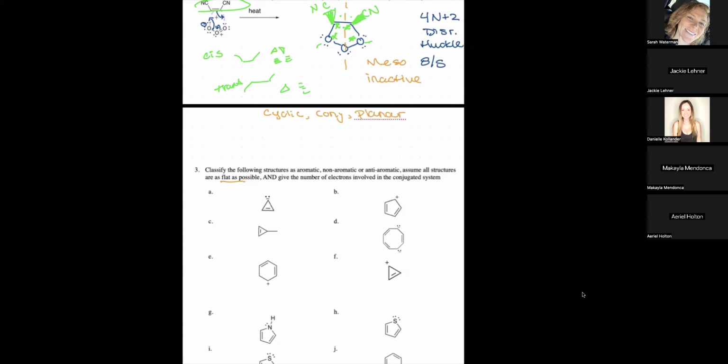So if it's all of these things, yes. Actually, let me do green for yes, right? So if it's all of these things, yes, then what are our options? We either have a 4N system, which means anti-aromatic, right? Or we have a 4N plus 2 system, which is aromatic, right?